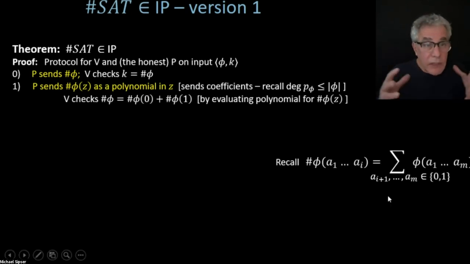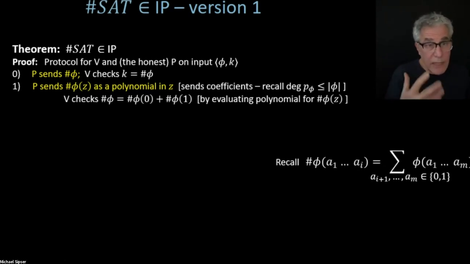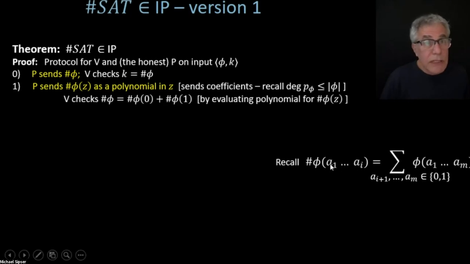Now I'm going to do something even a little wilder. I'm going to put in a variable for A1. Some symbolic, if you want, symbolic value. So I'm going to put in a value Z for A1. So now I plug in Z for A1 here, and A2 through AM are going to be zeros and ones in all possible ways.